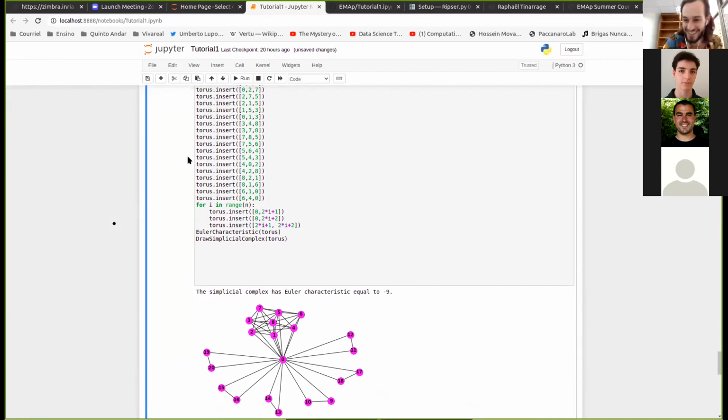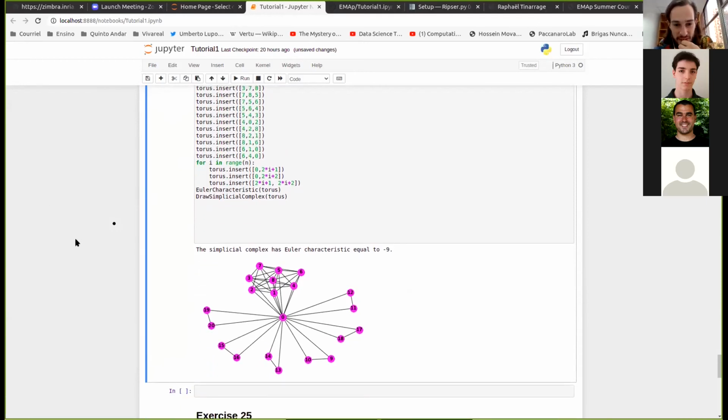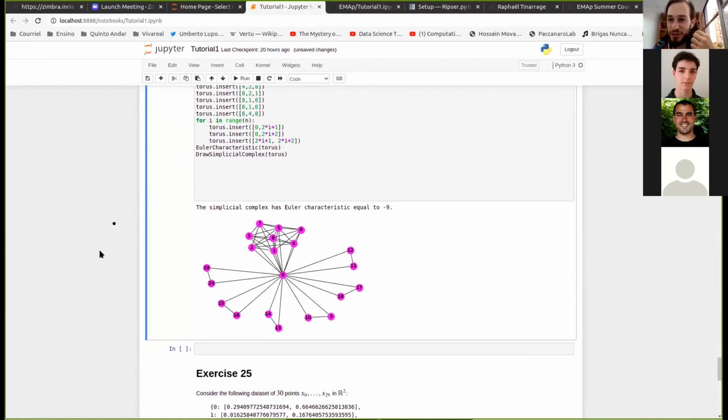I'm not sure, because in the 1, 2, 3, 4, 5, and 6, yeah, correct. I use n equals 3. You draw a bouquet of circles, right? So you have something very exquisite. Thank you for your nice simplicial complex.